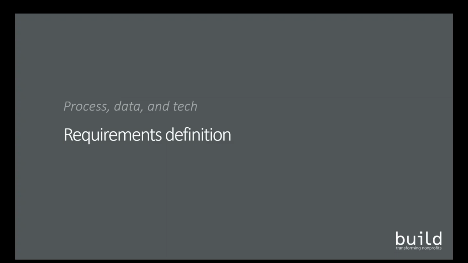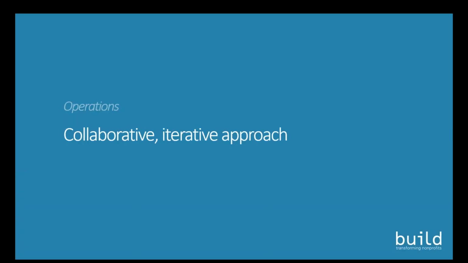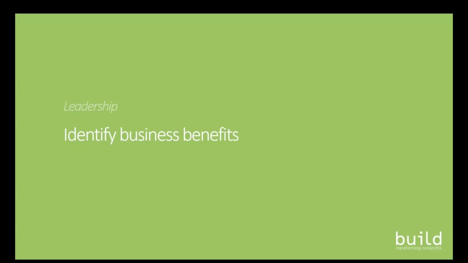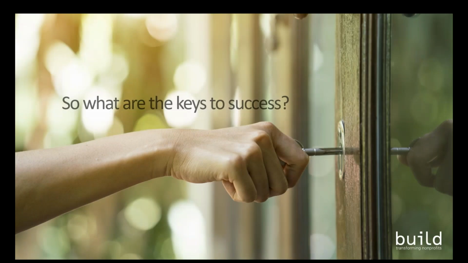So in quick fashion here, over the course of about 30 minutes, we've covered 9 different keys to success. So I'm just going to back up real quick and step through them again. We'll be distributing the recording and the slides after the fact, so you'll be able to go through them at your leisure.